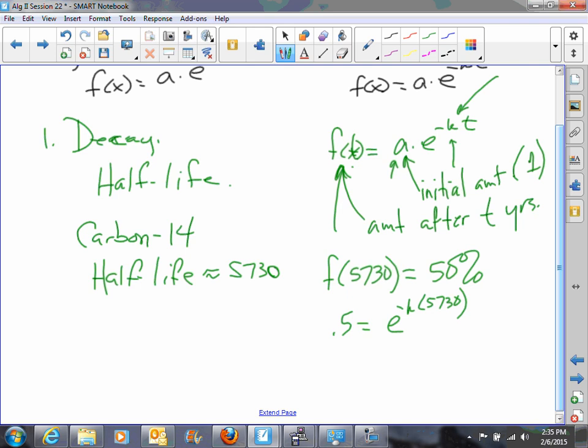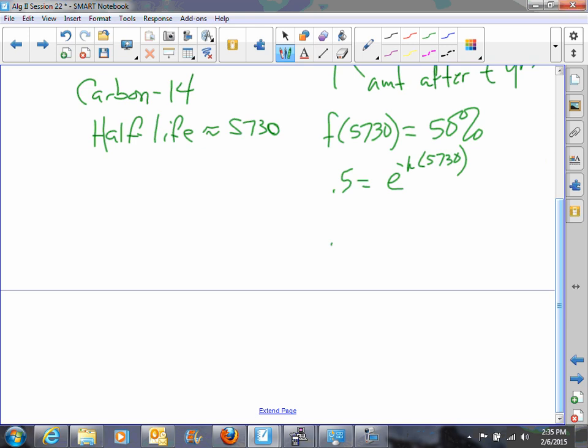Okay, first of all, let's rewrite this a little bit. 0.5 equals e raised to the negative 5730k. Now, this is an exponential equation, and the unknown is part of the exponent. So one of the ways we can solve this is by rewriting it in logarithmic form.